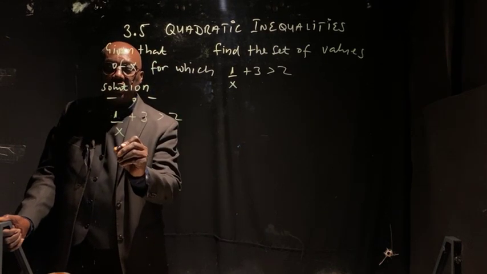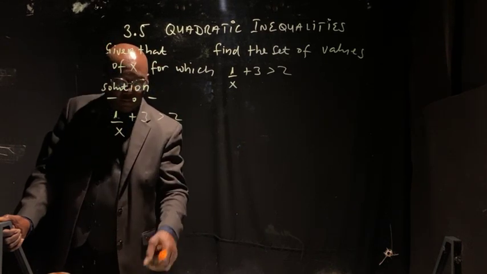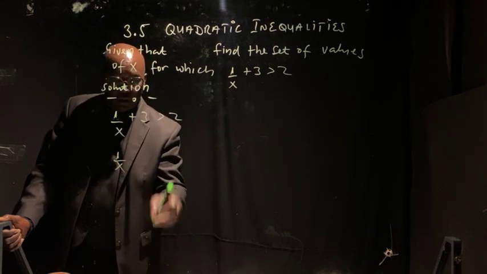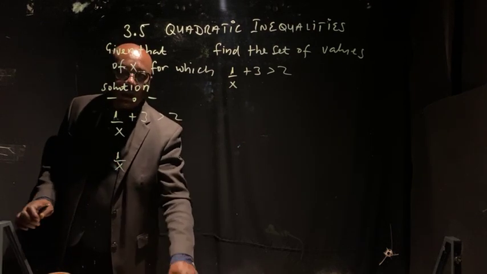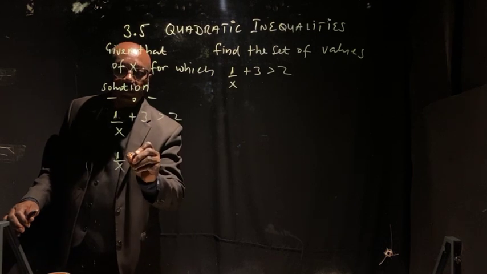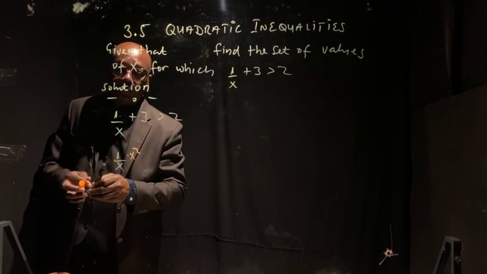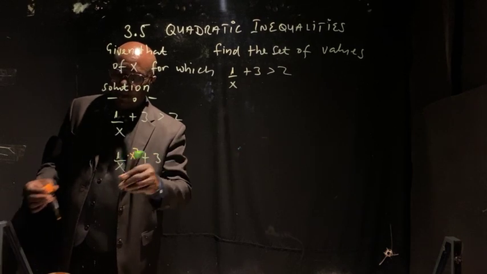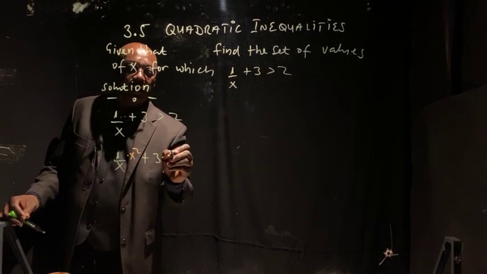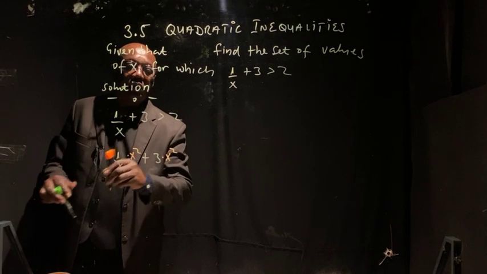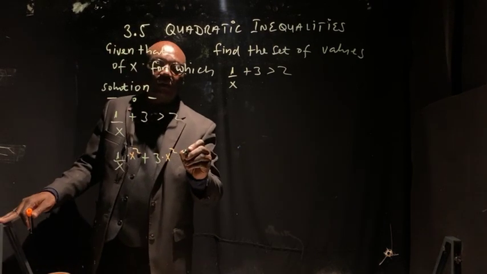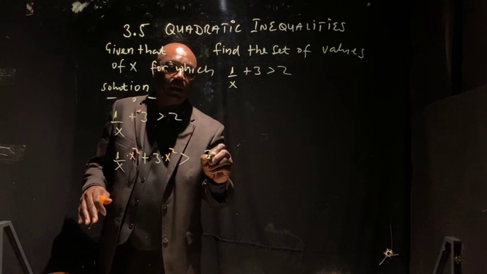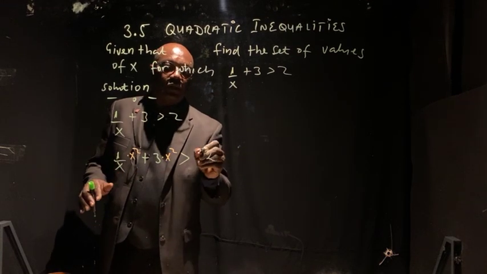So it becomes 1 over x being multiplied by x squared. Then we have our plus there. Then we have our 3 there being multiplied by x squared. Then we have the greater sign over there. Then we have 2 there. Then we multiply the 2 by x squared.